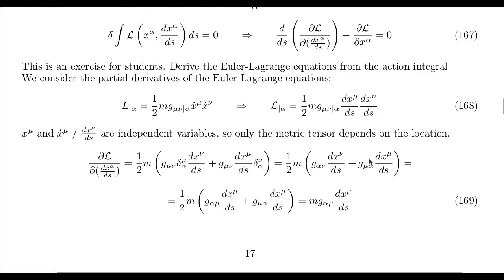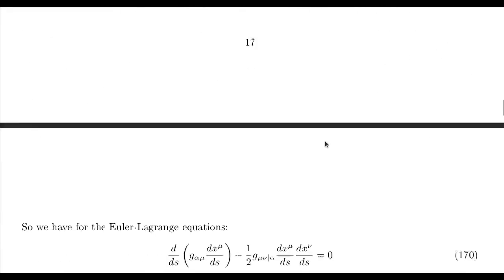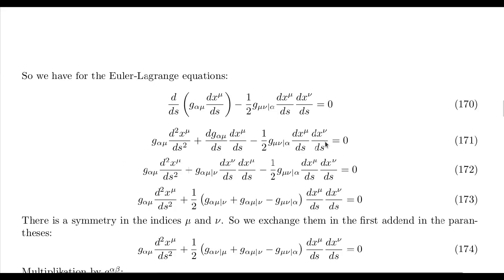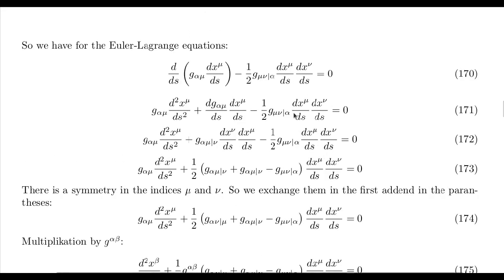Okay, then we substitute the expressions in 167 in the Euler-Lagrange equations, and then we get this 170. Now we have to differentiate the term in the parentheses.